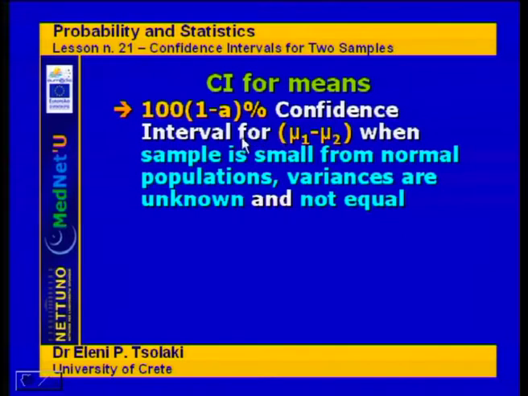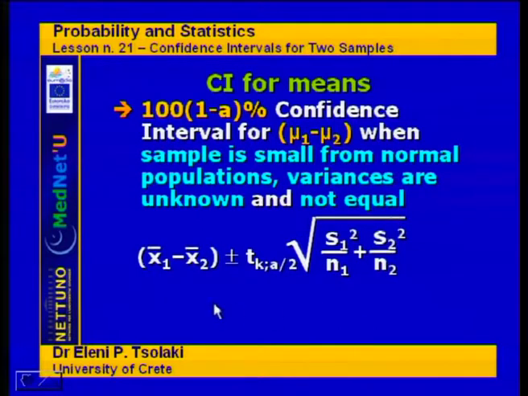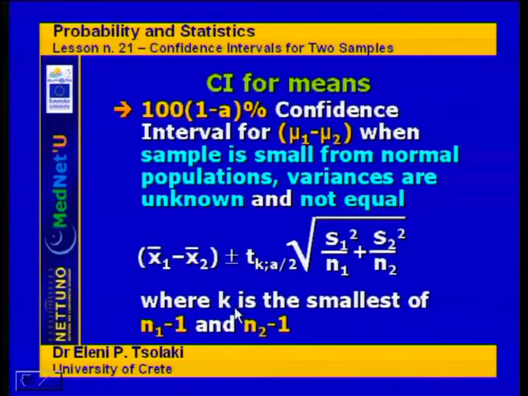Also, the confidence interval for the difference of the means when the samples are small from normal populations, and variances are unknown but not equal this time, can be calculated by using again the t-distribution here, but the degrees of freedom k is the smallest of the two numbers here, n1 minus 1 or n2 minus 1.